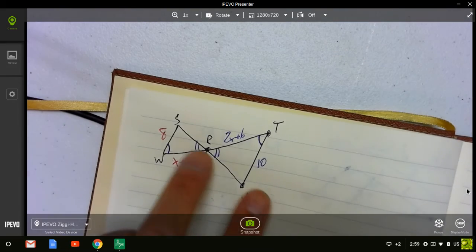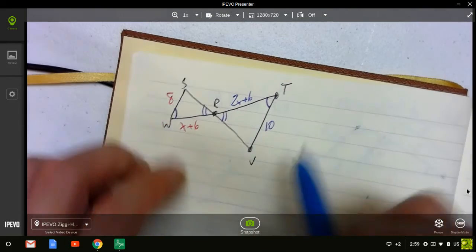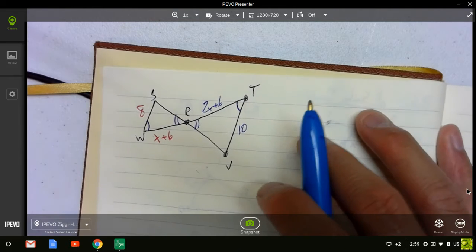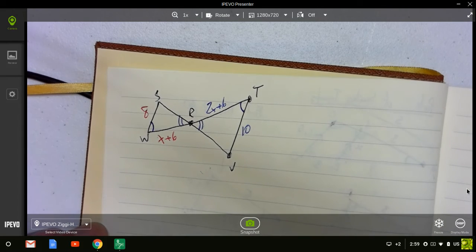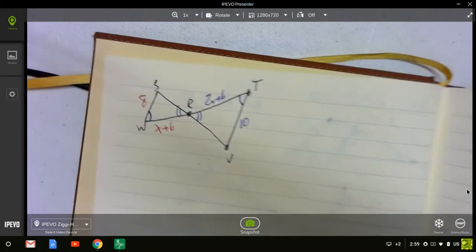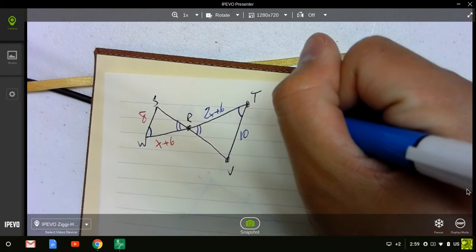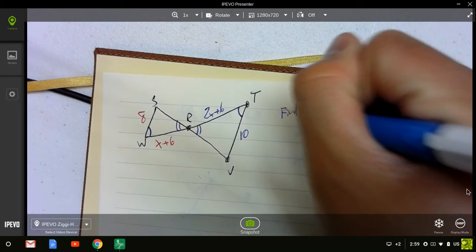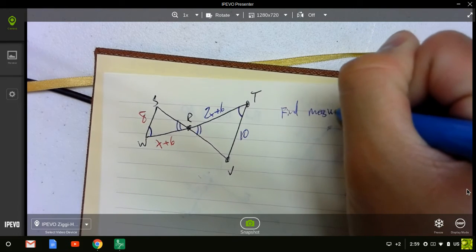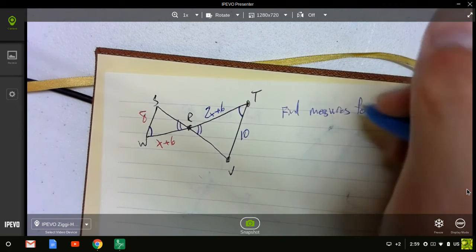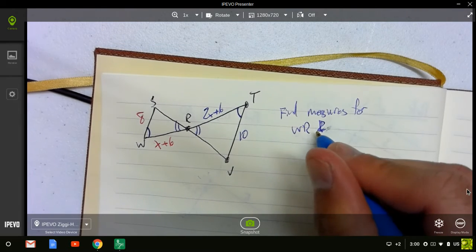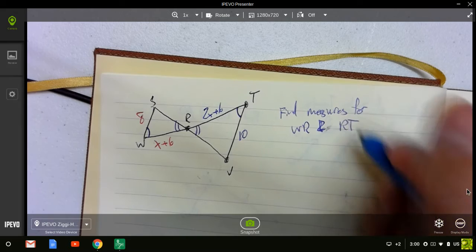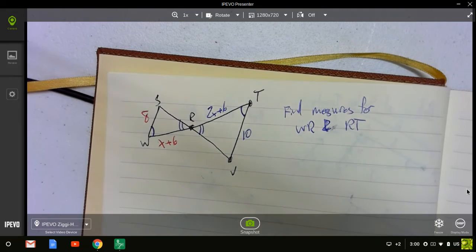Now that they're similar, because they both have two sets of congruent angles, I know that these two triangles are similar. And now I can solve for what the question was asking: can you find the measures for WR and RT?